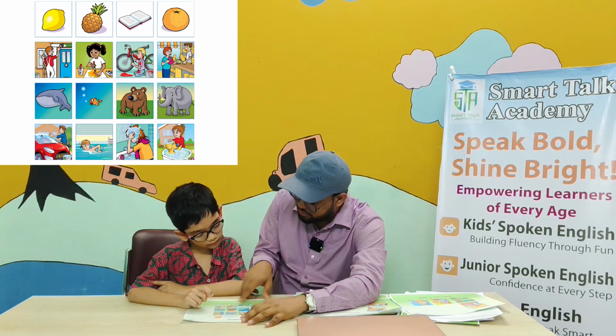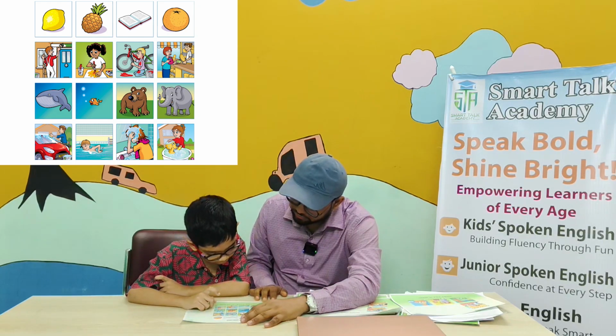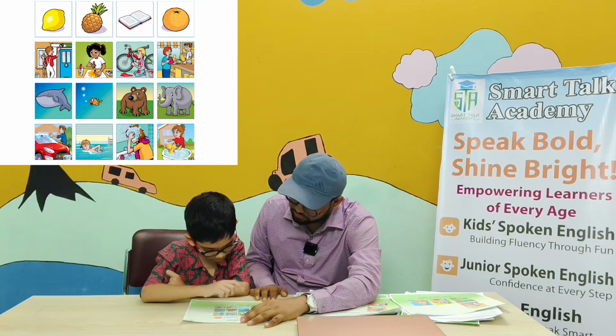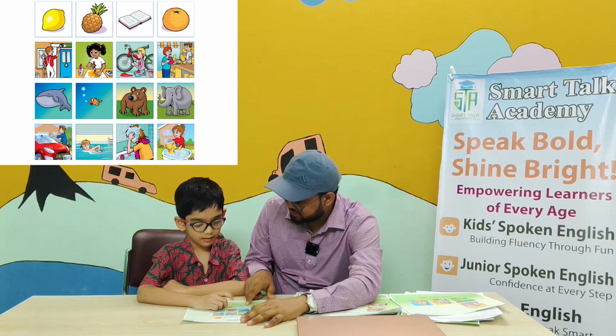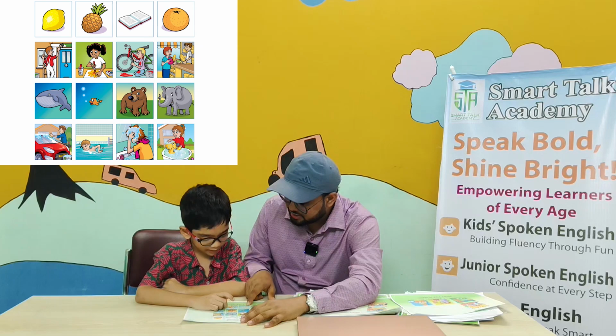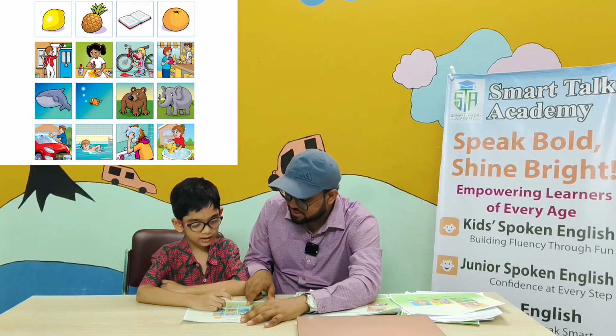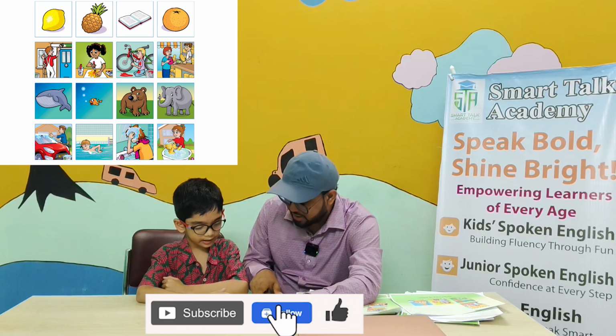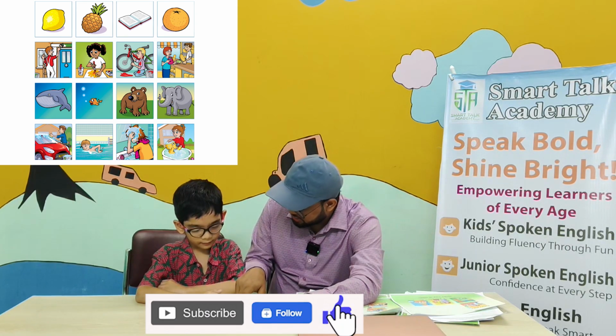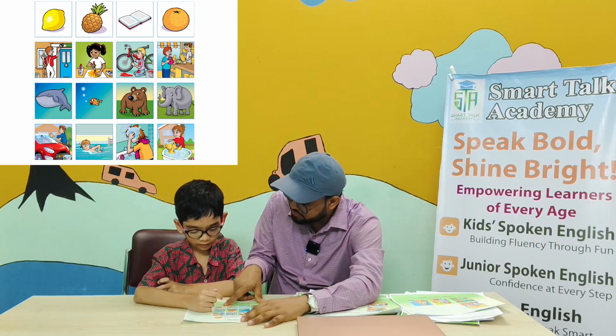Okay. Now in this line, which one is different? The second one is different because he is swimming and he is washing a car. He is washing hair and she is washing a dog.